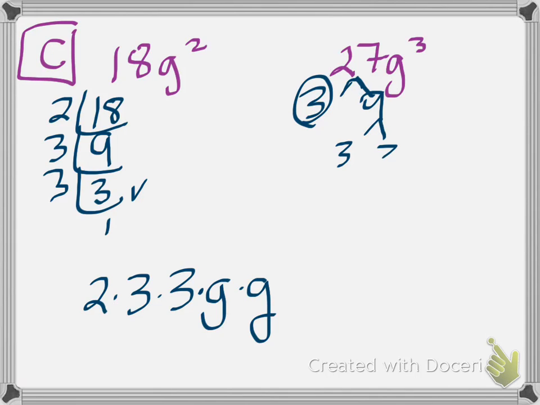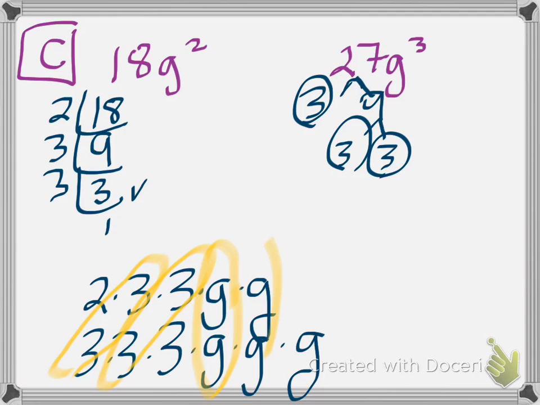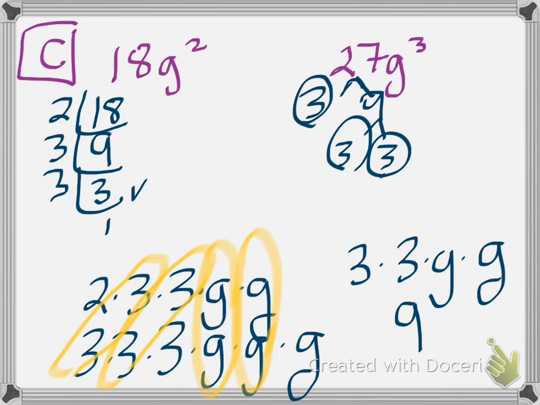That's prime, 9 splits. So that is 3 times 3 times 3 times g times g times g. 3 in common, 3 in common, and 2 g's in common. That's 3 times 3 times g times g. 3 times 3 is 9, g times g, g squared.